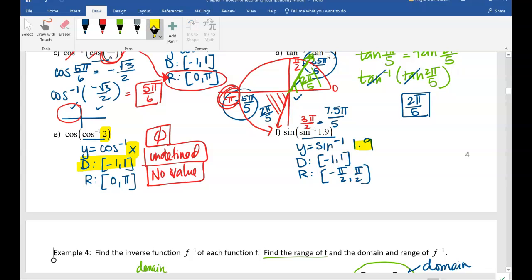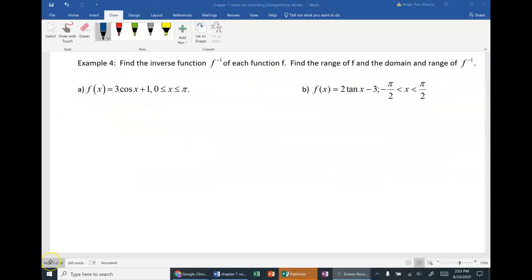This 1.9 is an x value, which is compared to the domain. Again, it's outside of the domain of sine inverse. Therefore, you do not have an answer. It is undefined, no solution, however you want to write that answer. And that's all of example 3.